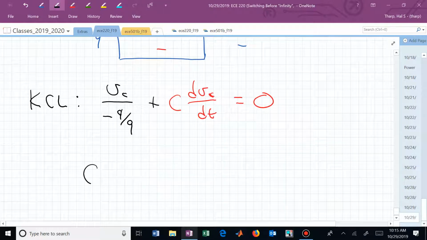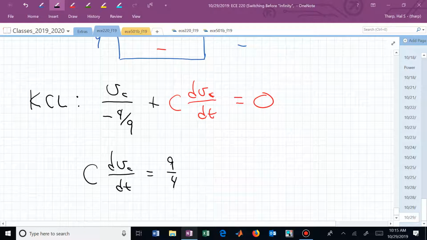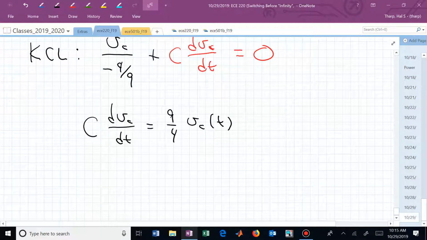Or we can now say that C dV sub C dt is equal to, clearing the fraction, or getting that fraction out of the denominator by multiplying top and bottom by 9/4. We end up with that, and this was actually 9.